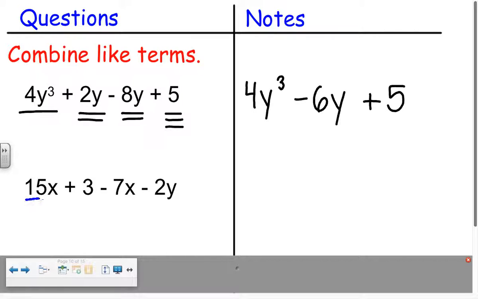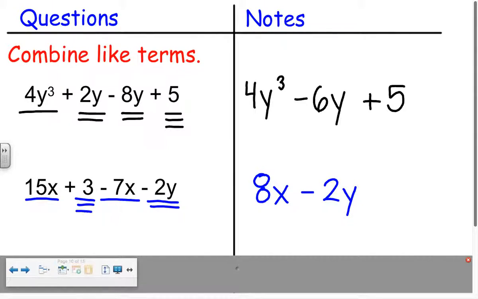So I've got 15x and negative 7x that are like terms. So if I take 15 minus 7, I get 8x. And then I've got a negative 2y that can't combine with anything else. And then I've got a positive 3.